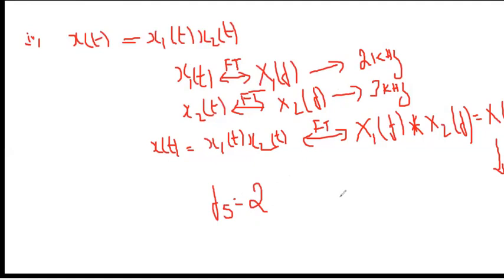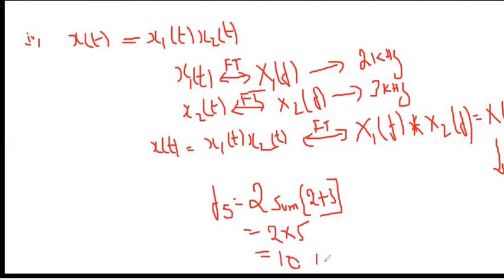We already know the formulas. The 2 kilohertz and the 3 kilohertz, the sum of the frequencies of x1 of f and x2 of f. f1 is 2 and f2 is 3. 2 into the sum, 2 into 5 is equal to 10 kilohertz, my dear students. 10 kilohertz, the sampling frequency.